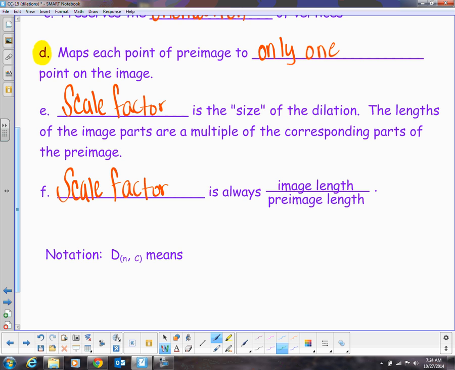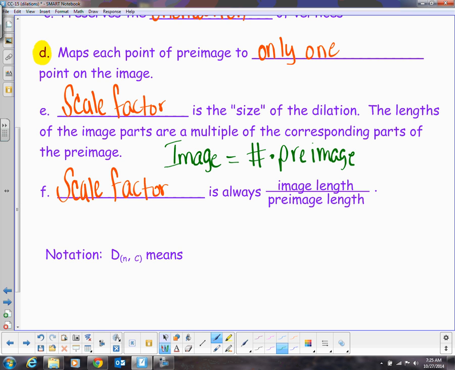All right, so I want to connect E to F. This says the lengths of the image. I'm going to do I for image. Maybe I'll just write it out. Image equals some number times the pre-image. That's what it means to say the lengths of the image are a multiple of the corresponding parts of the pre-image.